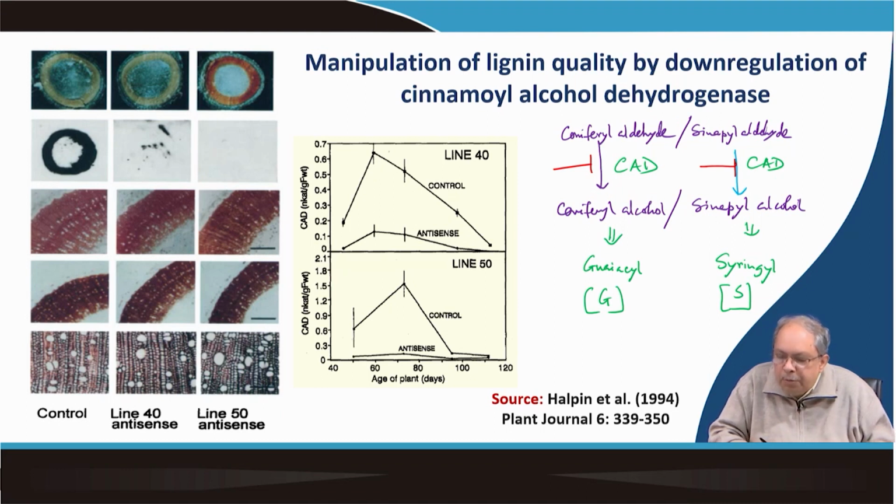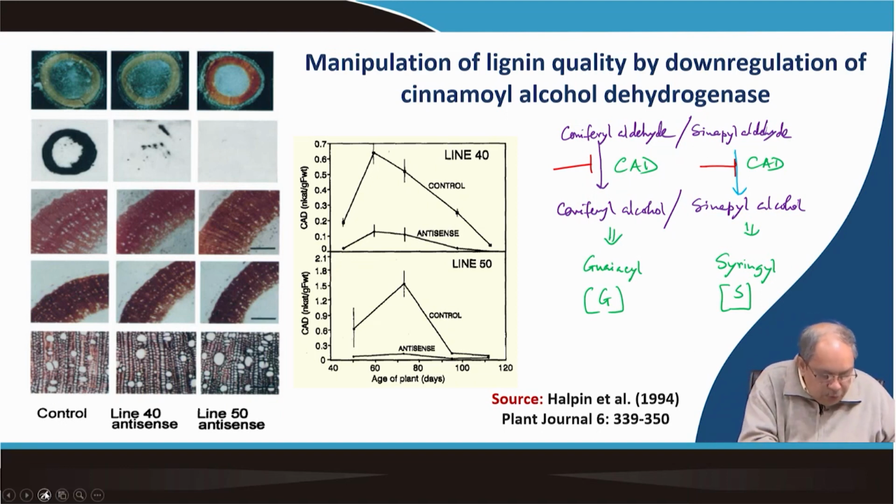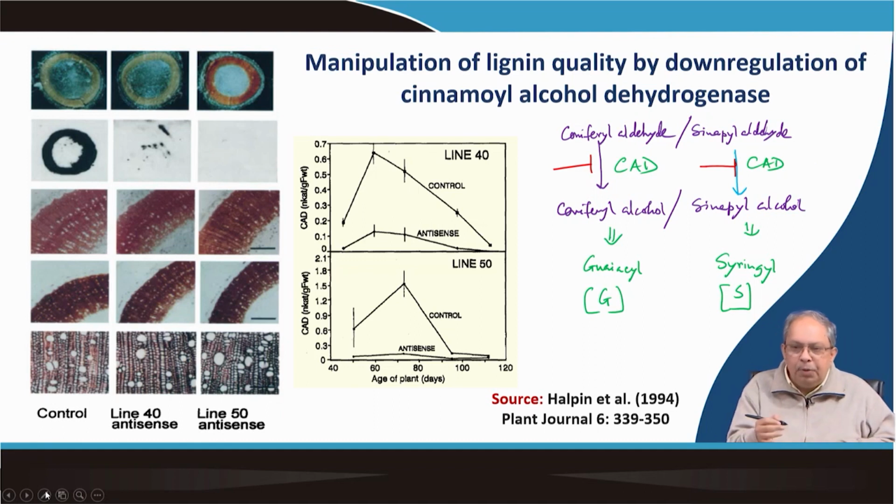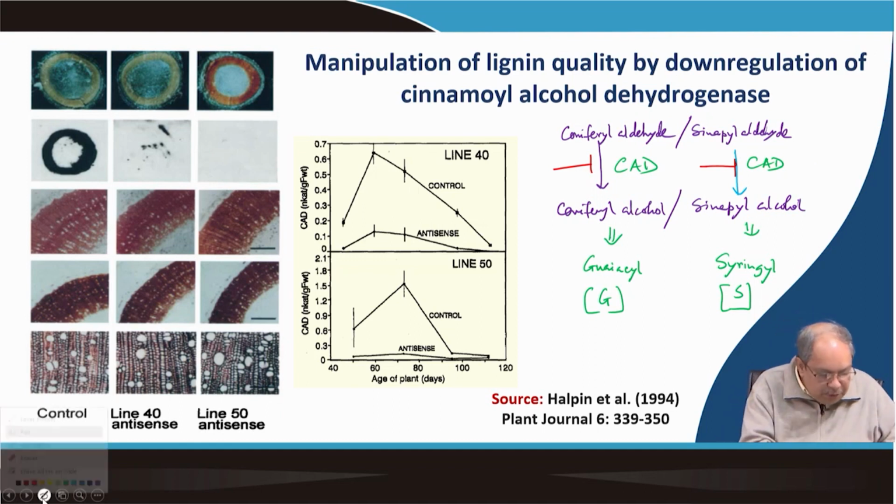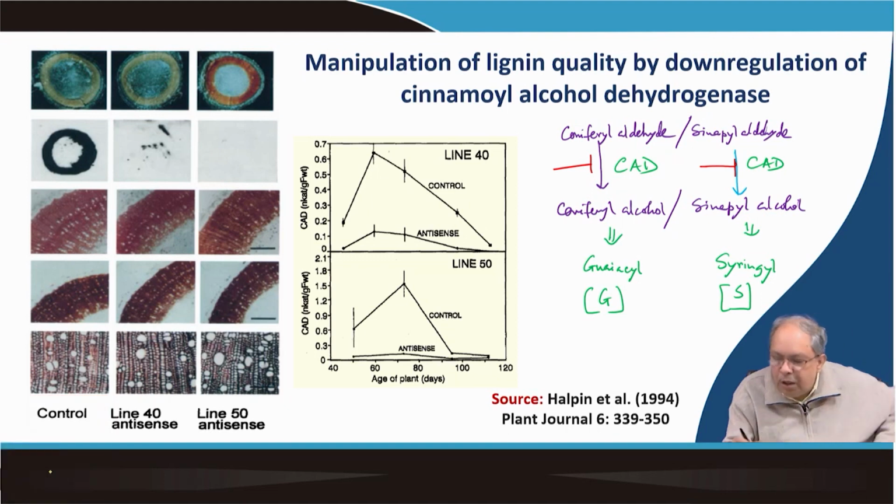Or it is also possible, if you think about the new views, although the paper was published in 1998 and at that time it was not clear at all. What we know is that from coniferyl aldehyde, cinnamyl aldehyde is formed, right.